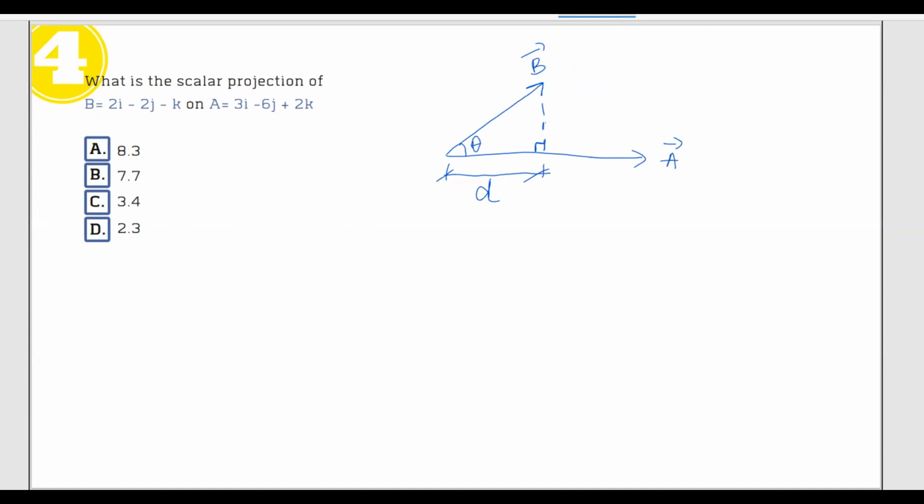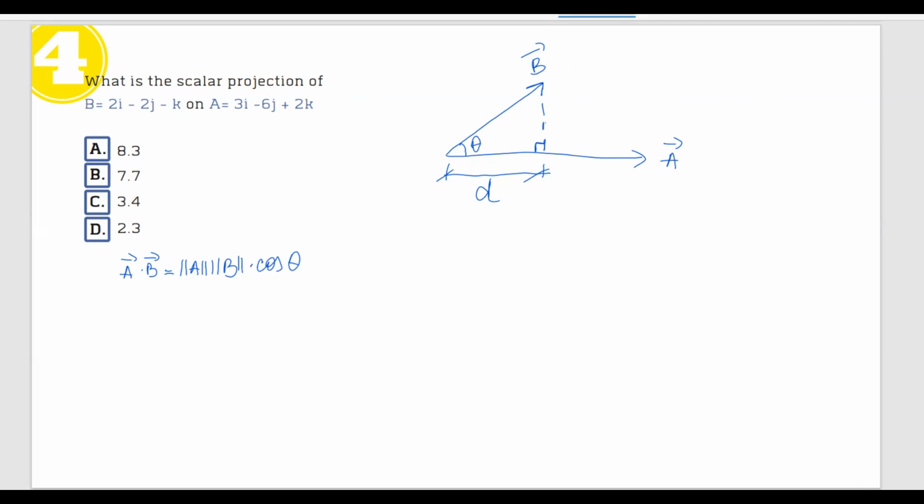So if I was to write again the formula, A dot B will be equal to magnitude of A times magnitude of B times cosine of theta.